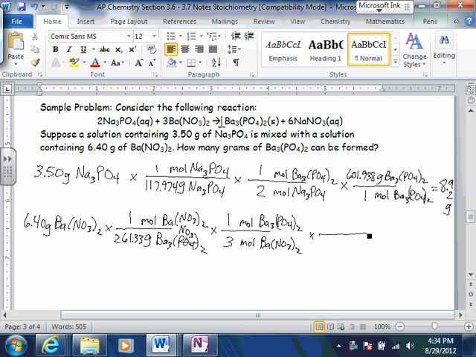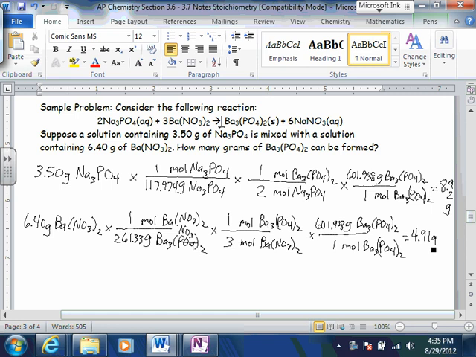And then we already figured out the molar mass for this, so we just got to go from moles back to grams. And that's 601.938. So when you calculate all that, you end up with 4.91 grams of the product.